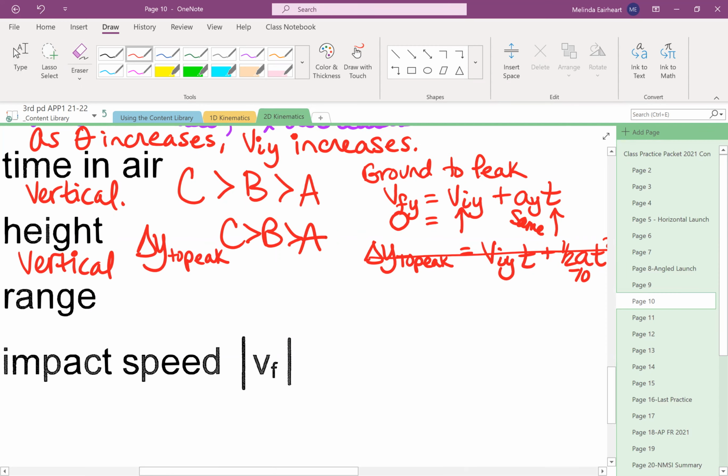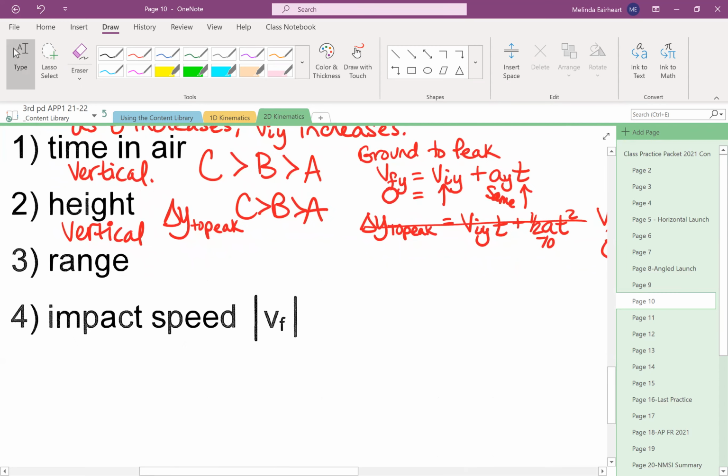And then we come to range. Range, what equation are we going to use for range? We used it up above. Delta X equals your horizontal velocity times time, right?